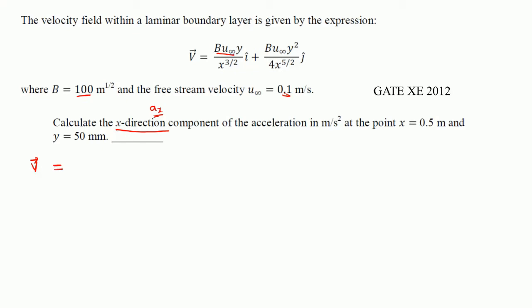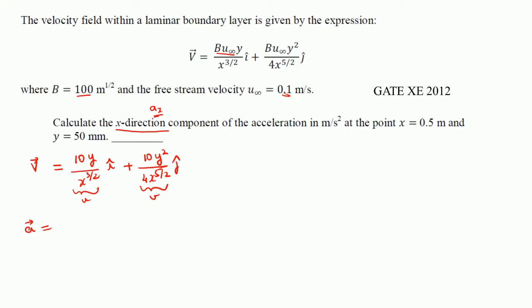So I can write velocity is equal to 10y divided by x raised to 3 by 2 into i, which is u, plus 10y square into 4 x raised to 5 by 2, which is v, with j. Now let us see what is acceleration. Since there is no time component here, dou u by dou t and dou v by dou t both will go as 0.